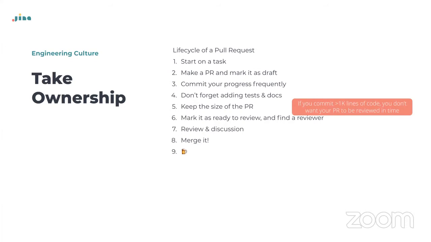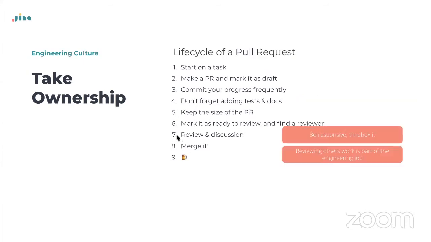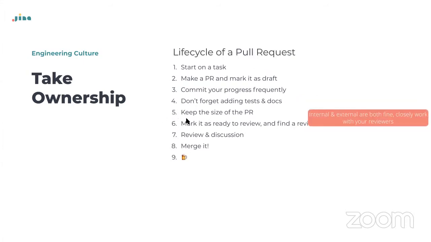Okay, so the sixth and the seventh steps are super important, because I see a lot of our engineers just stop there after making the pull request. They seem to think that their journey ends there at the fifth step. But actually it's not, right? The full life cycle involves not only making a pull request, but also having it reviewed and merged, right?